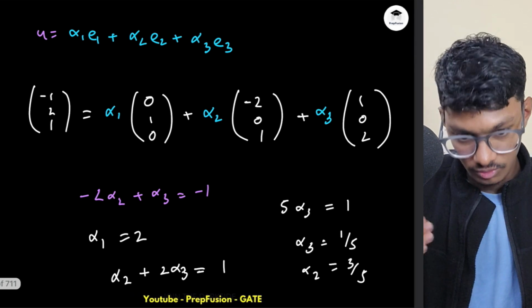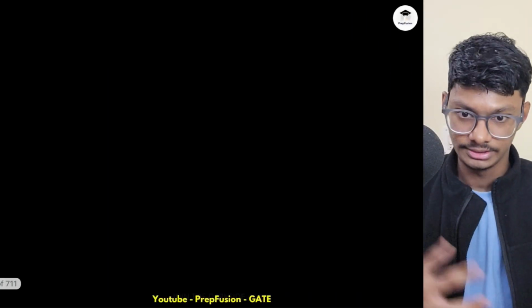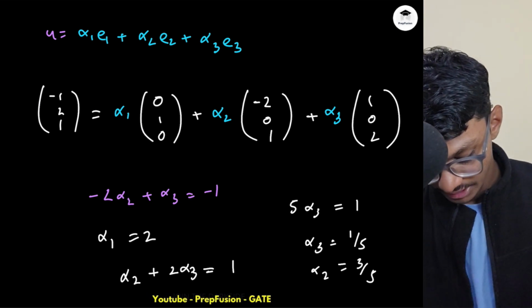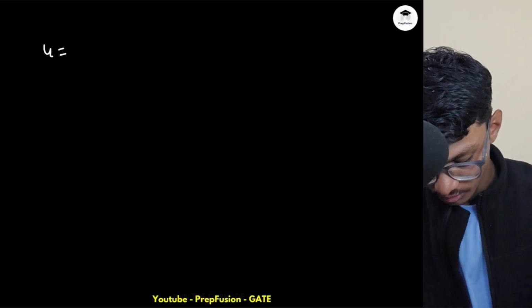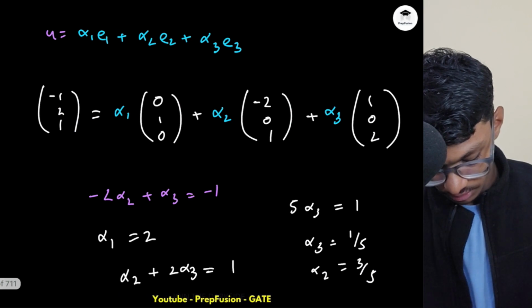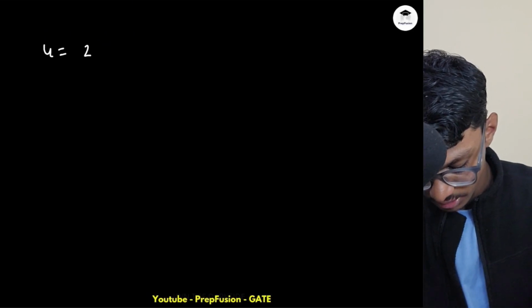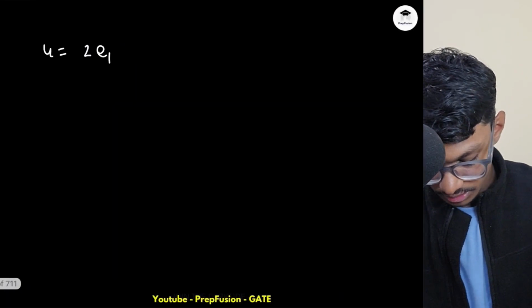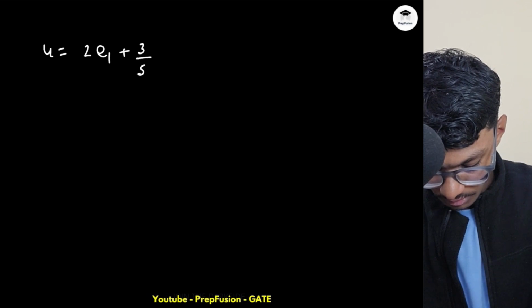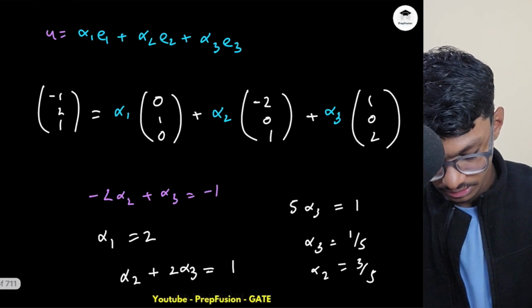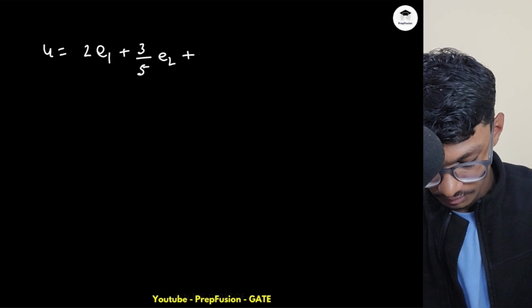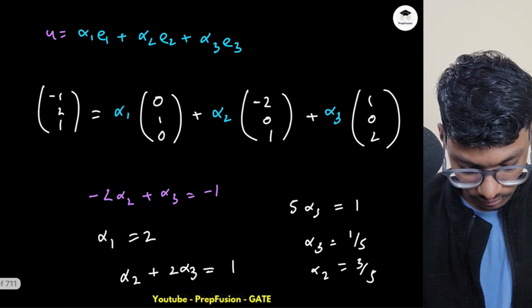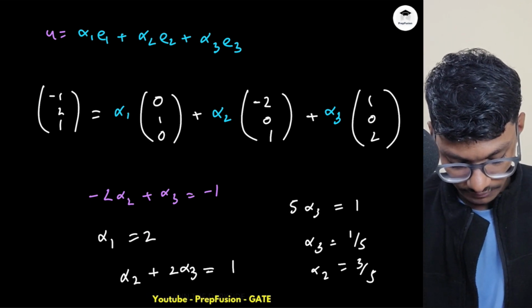So let's now write this in the format. What I can say is my u will be equal to 2 times alpha 1 times e1, so 2 e1, plus 3 by 5 e2 plus 1 by 5 e3.